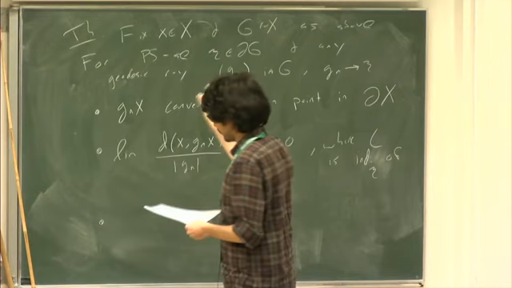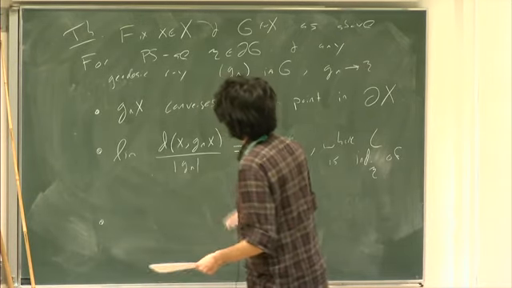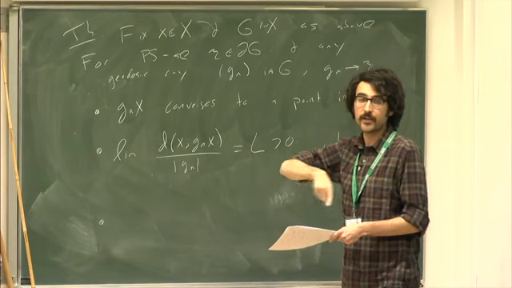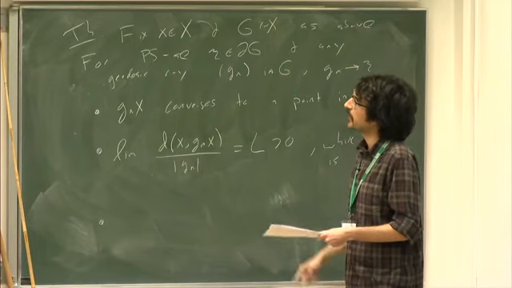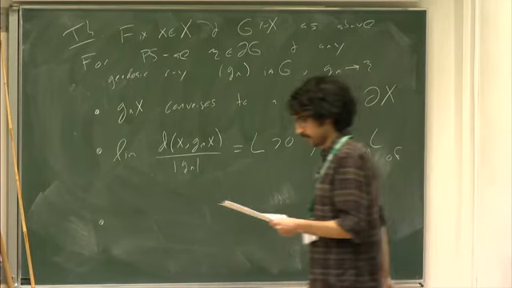And third, which is in some sense a consequence of the first two, is that the typical geodesic ray in G, when I look at its image in X, tracks a geodesic.